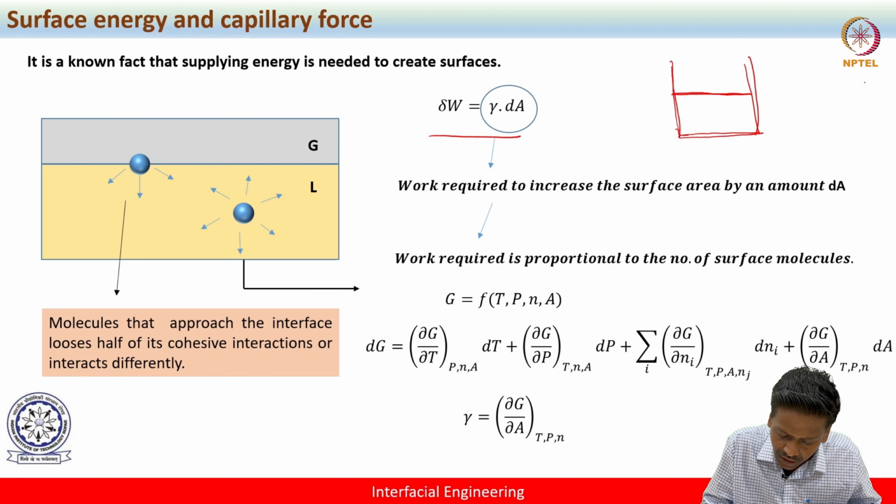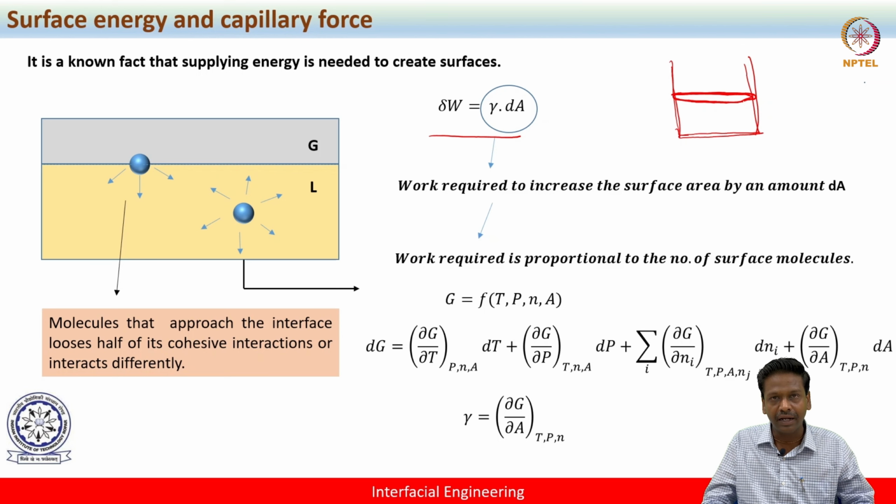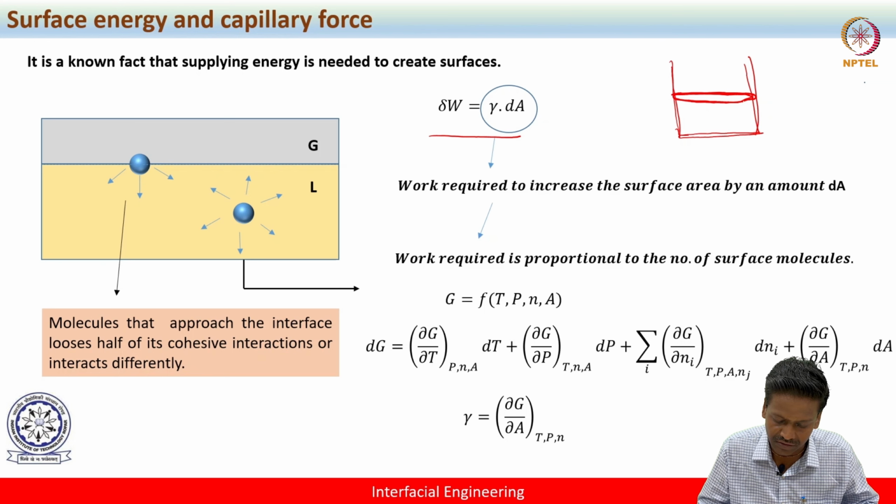Now at the interface between water and air, I place a very thin wire. Maybe I can draw something like this, right? Very thin wire. It is very light in weight, so it floats. It doesn't sink in the water, and it doesn't settle. It just floats at the surface.